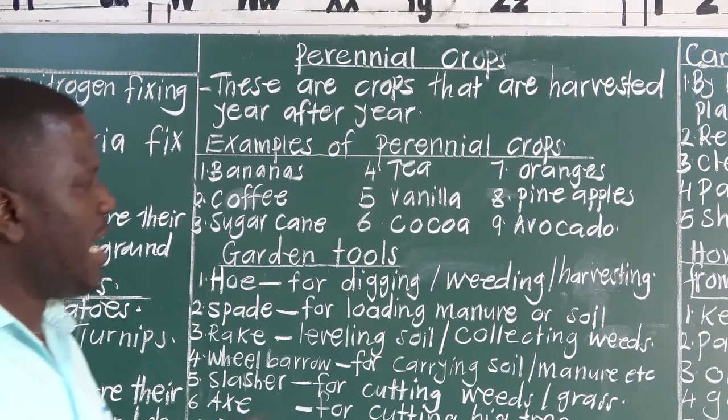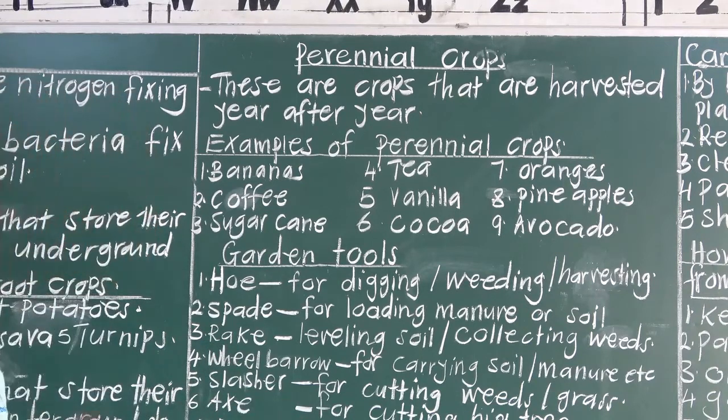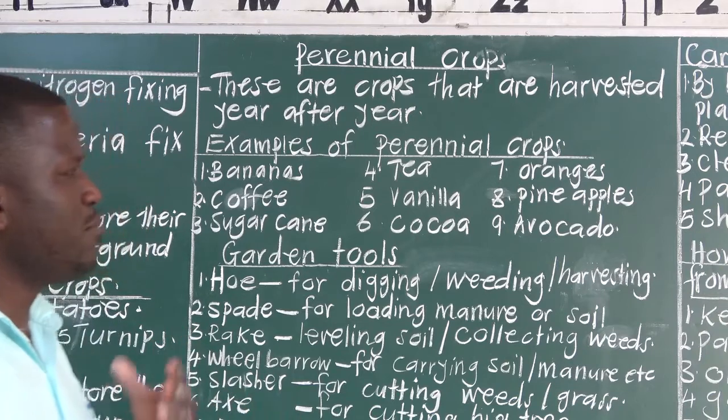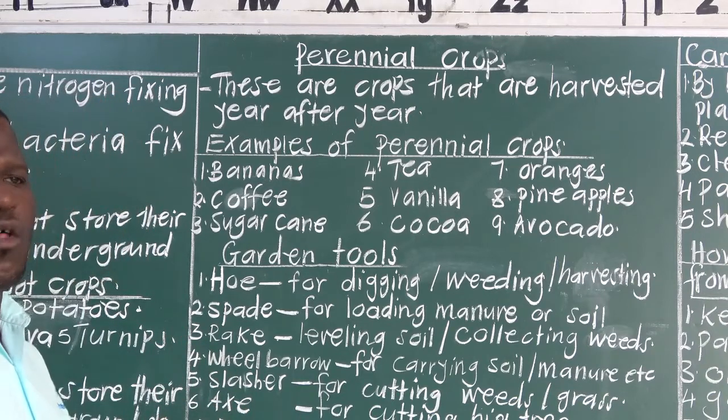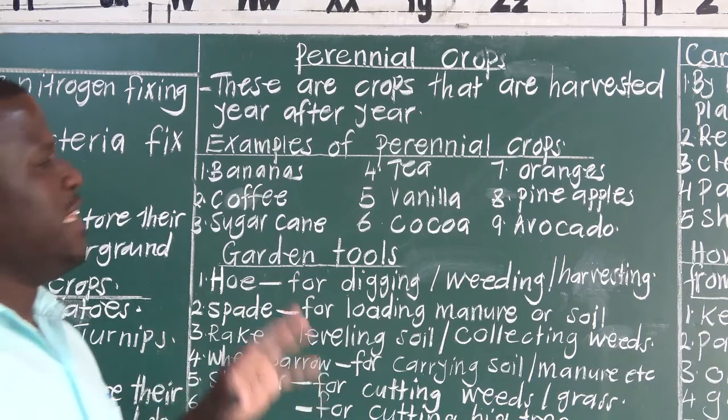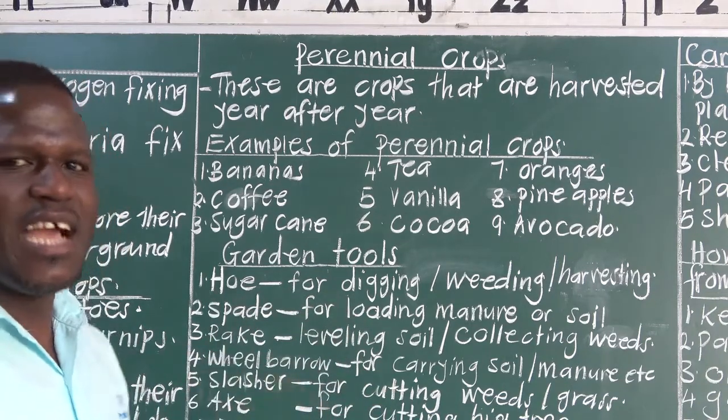perennial crops. Other good examples are fruit crops like mangoes, oranges, pineapples, apples, avocado. All those are examples of perennial crops. Reason, they are harvested year after year.